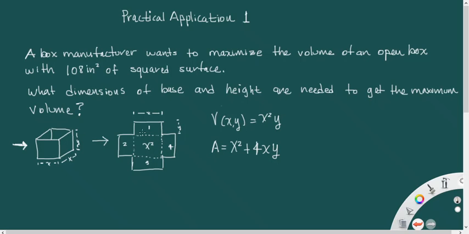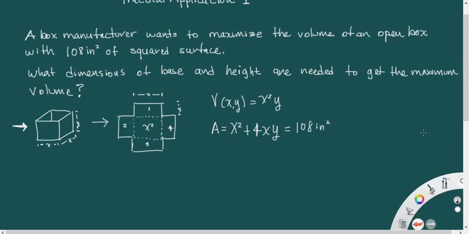Okay, because you have x times y, x times y, x times y, x times y. So the sum of these four plus x squared is the area of this surface. And we know that this area is equal to 108 square inches.